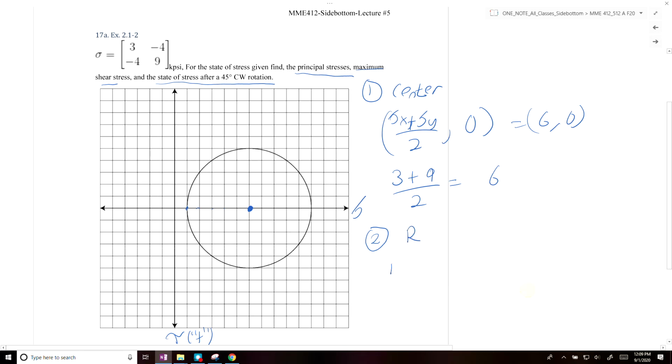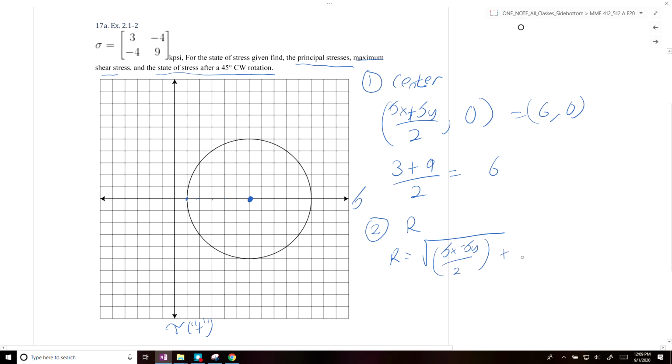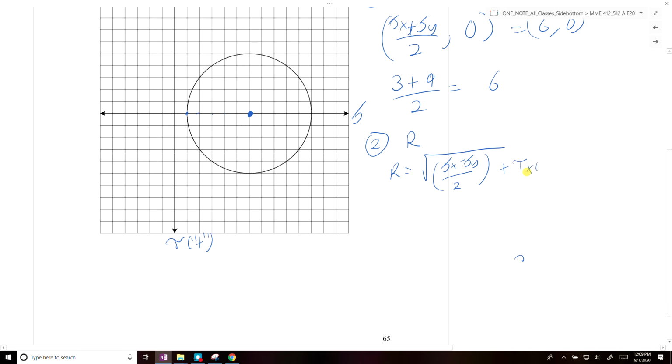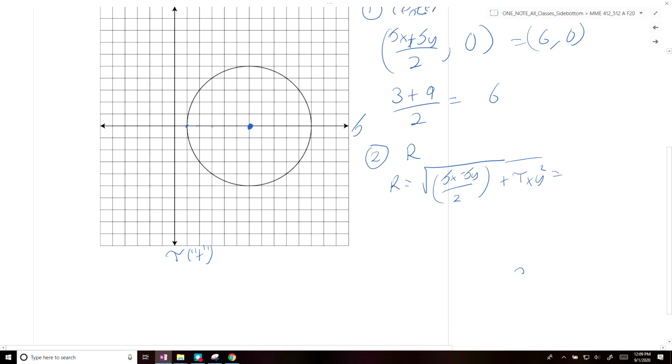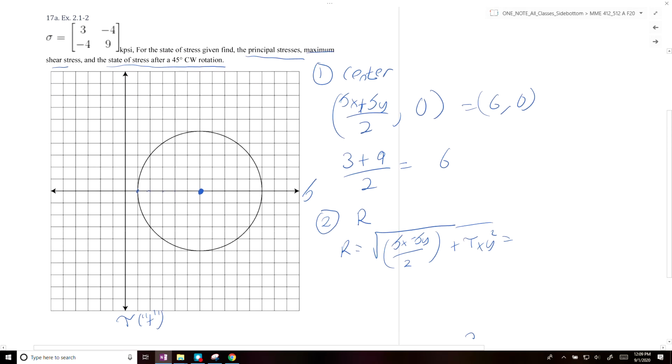The radius is going to be equal to the square root of ((sigma x minus sigma y) divided by 2) squared, plus tau xy squared. Based off of our initial values, we get the square root of ((3 minus 9) divided by 2) squared plus tau xy, which is equal to minus 4, squared.